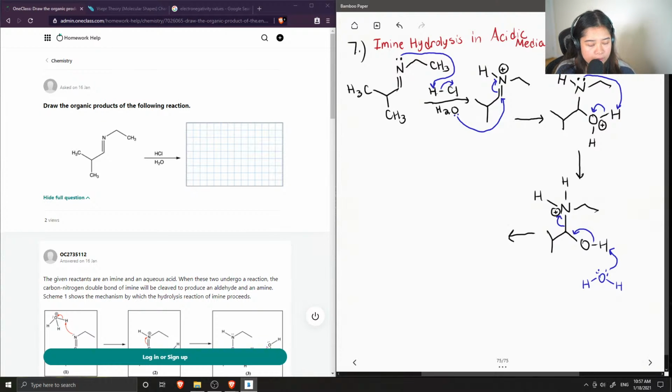So now we are left with our final products, which is this aldehyde and also this amine salt.